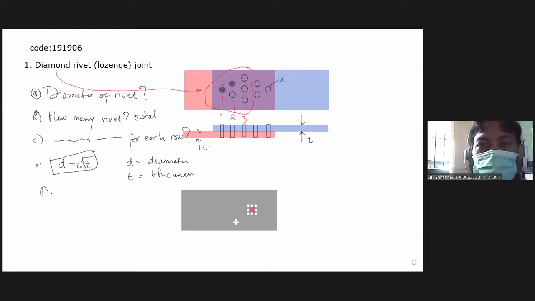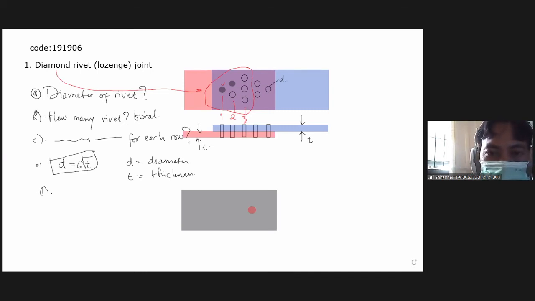How big is the load capacity for this joint if we put only a single rivet here? So let's examine this.